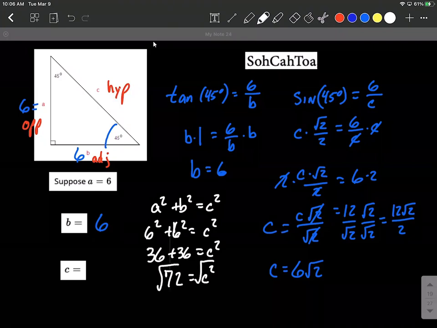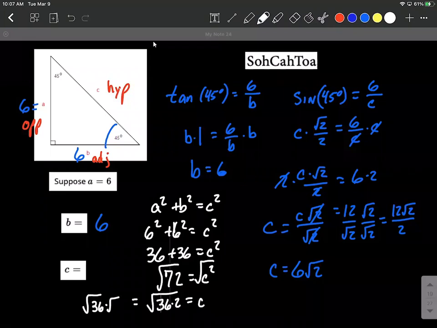Apply a square root to both sides, and we don't need to worry about the positive and negative case in this one because it's a side length, it's a real life situation, and that works out to be the square root of 36 times 2, breaking that 72 apart using a perfect square as one of the factors. So you can say the square root of 36 times the square root of 2, which is again 6 square root of 2. Same answer, two different directions you can go about finding it.